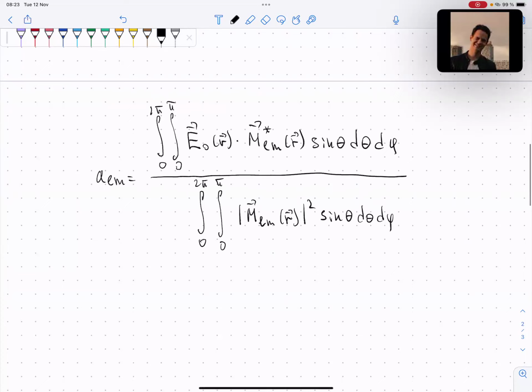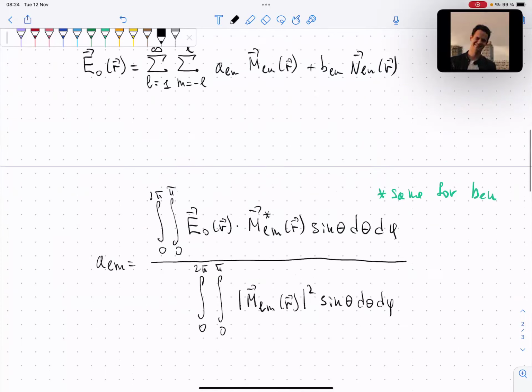And basically the same for B_LM. So if we calculate these integrals for our incident electric field, we will actually get the following expression.